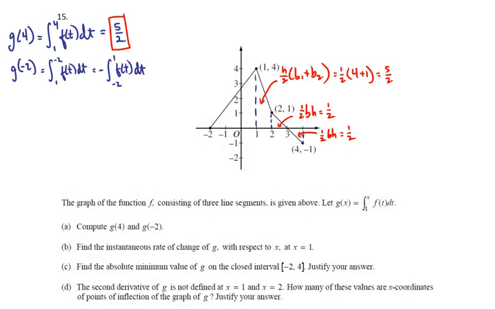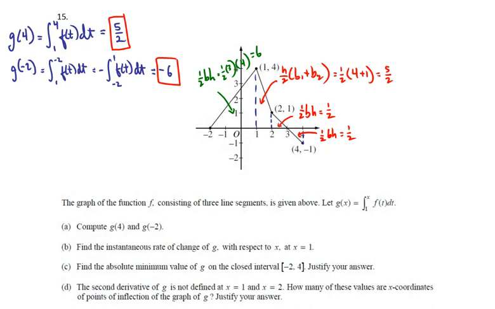And so that area from negative 2 to 1 is a triangular shaped area with a base of 3 and a height of 4, and so that area will be 6. And because we're accumulating area from right to left, that integral will actually be negative. So that's the answer to part A.